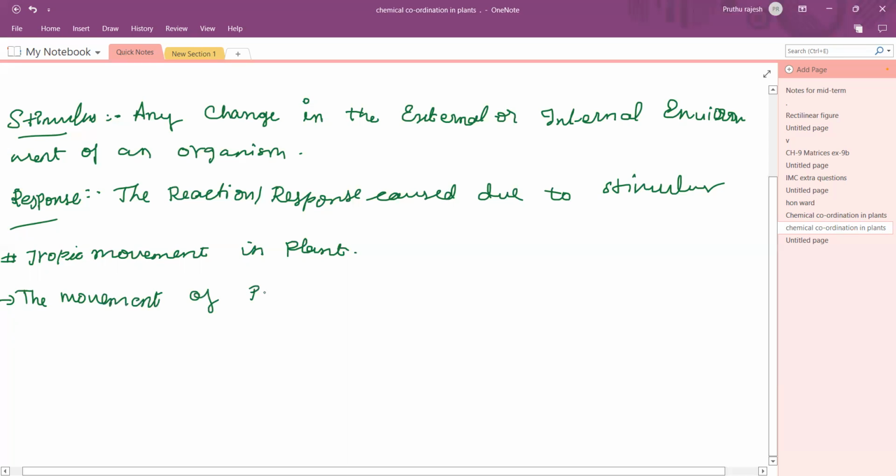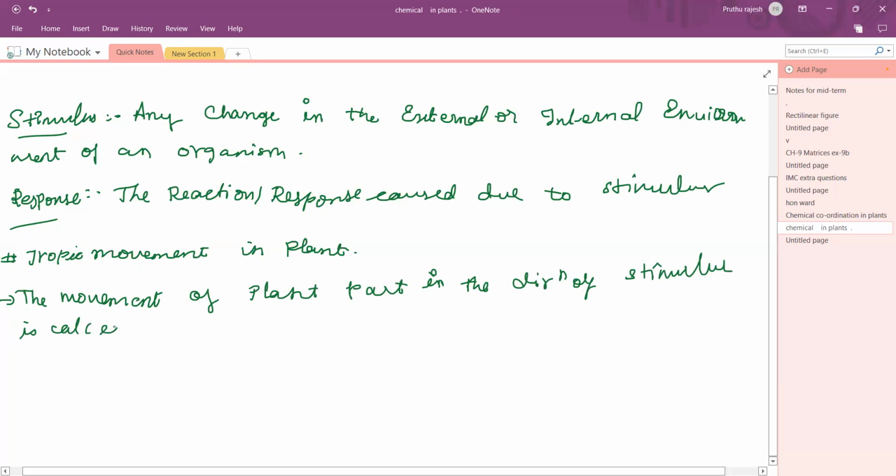Movement of plant part in the direction of stimulus is called tropic movement in plants.